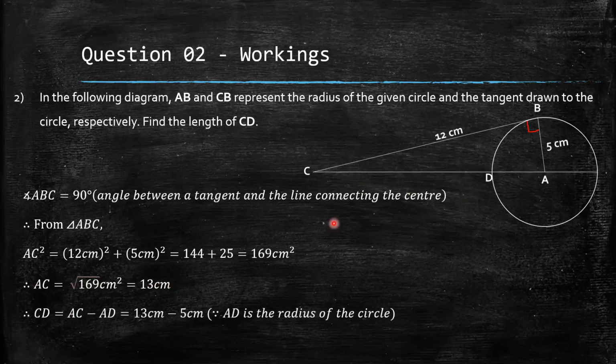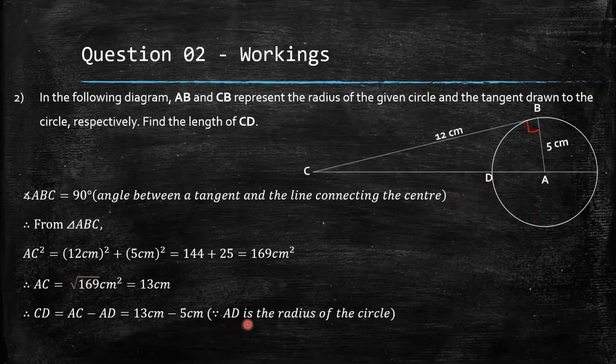Now you know the AD length is 5 centimeters since it's the radius. And if you deduct AD, that means 5 centimeters, from AC, which we have already taken from the Pythagoras theorem, you will get the value of CD. So CD will be equal to AC minus AD, which is 13 centimeters minus 5 centimeters, right?